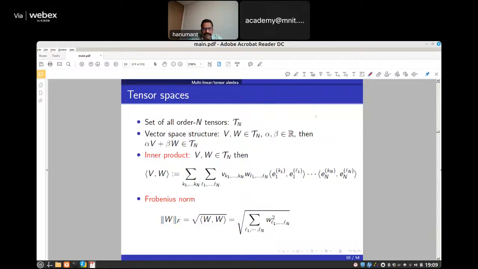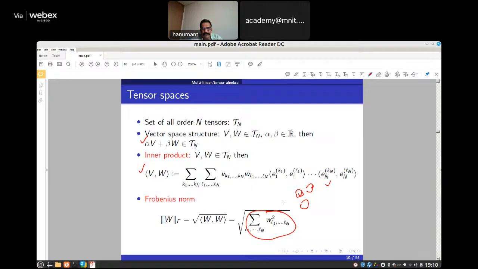So I think this vector space structure I have already covered, and inner product you can also define. Once you define inner product, you always have the Frobenius norm, which is again a very simple thing. Whatever data matrix or tensor you have, just take all the data values of the tensor, square them, and sum them.